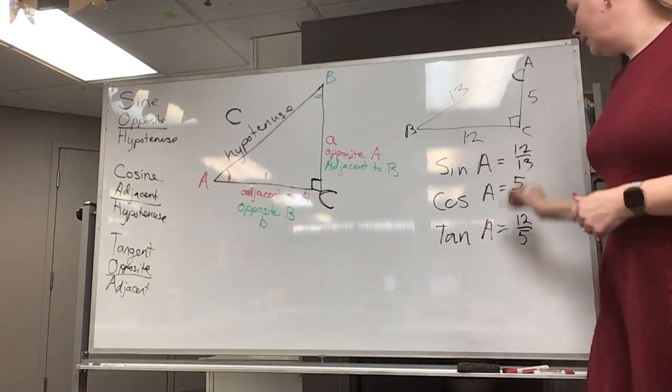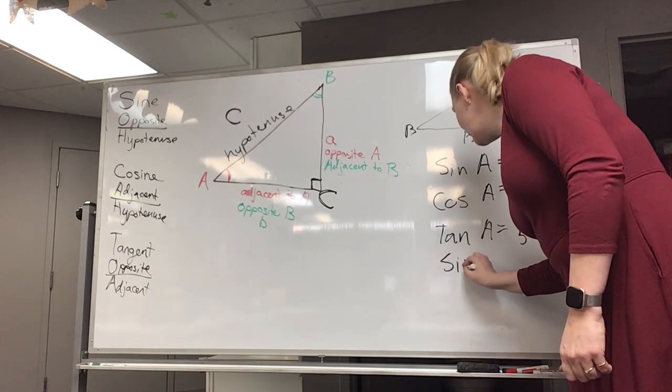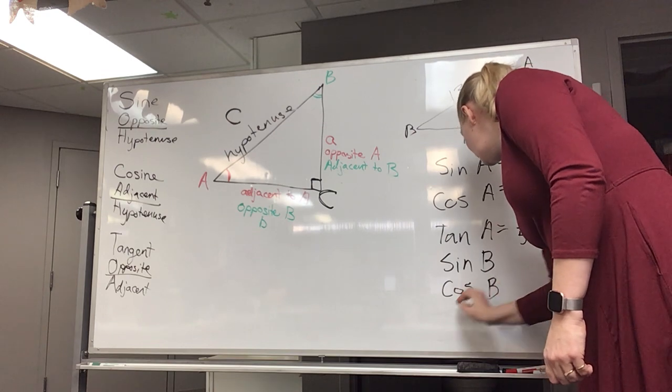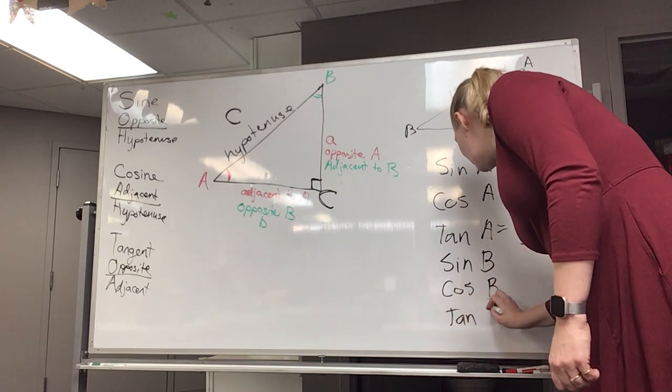Along the same lines, what would be the sine of B, the cosine of B, and the tangent of B?